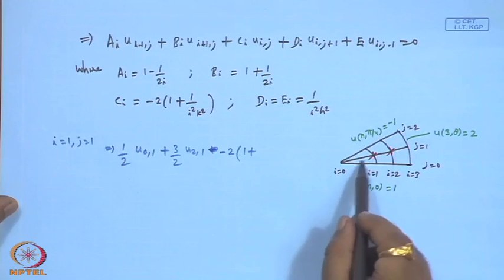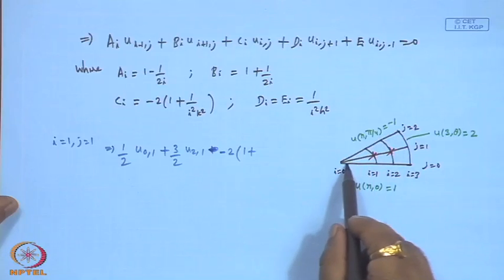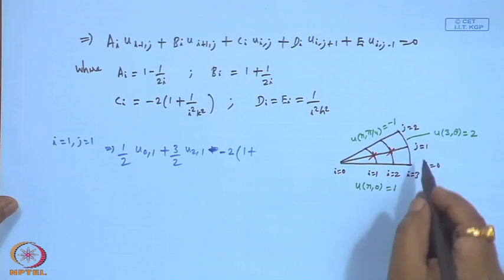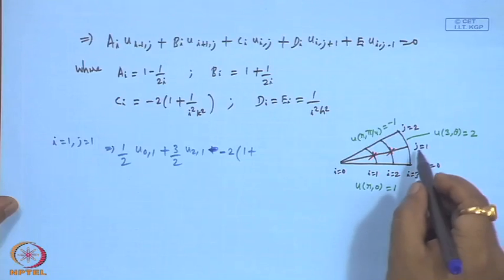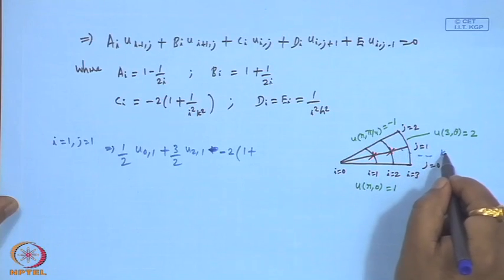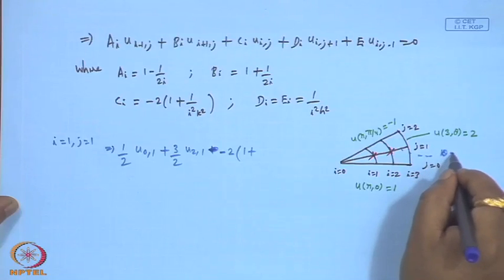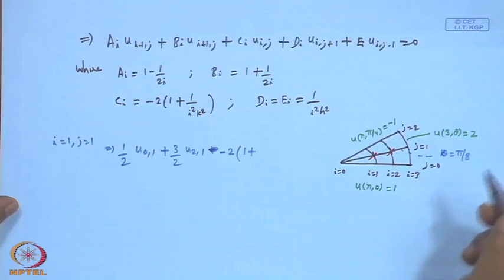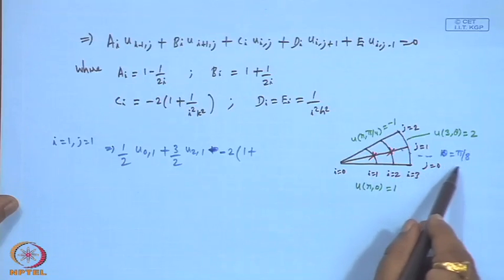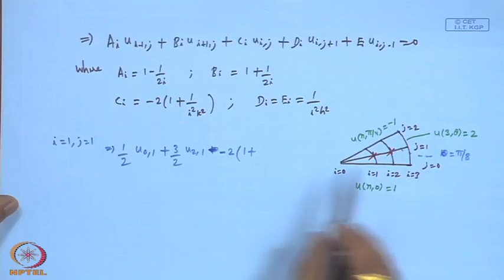For these, if this is pi by 4 and corresponding to j equals 1, what is k? So, this gives theta equals pi by 8. Okay. So, assuming k is half.